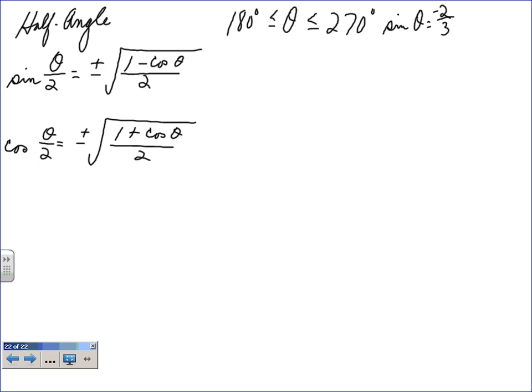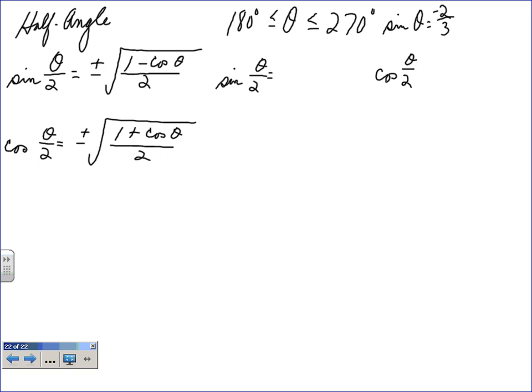Okay. Let's use this formula. Now, this you have to know. Let's find sine of the half angle and cosine of the half angle. There's the angle, negative 2/3.